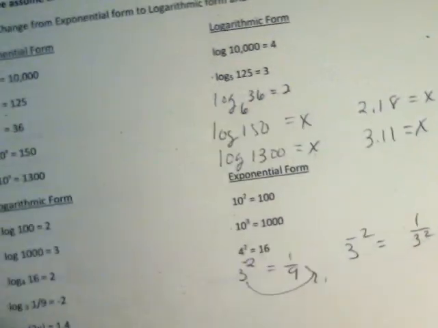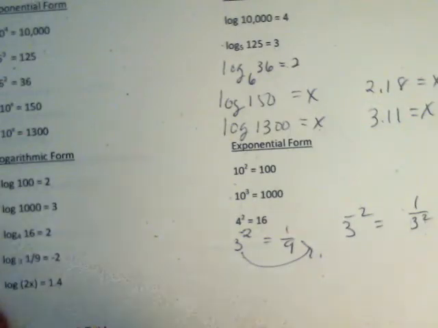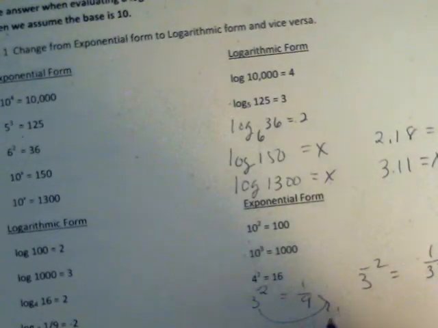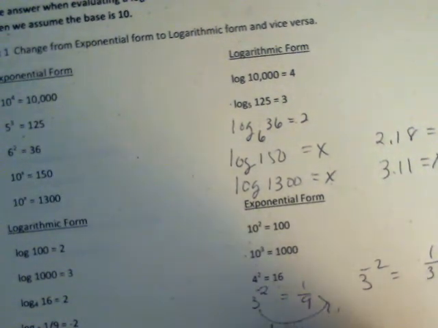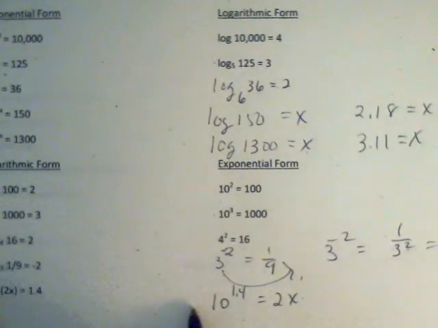And then lastly, log of 2x equals 1.4. So again, my base is 10, my exponent is 1.4, and that's equal to 2x.